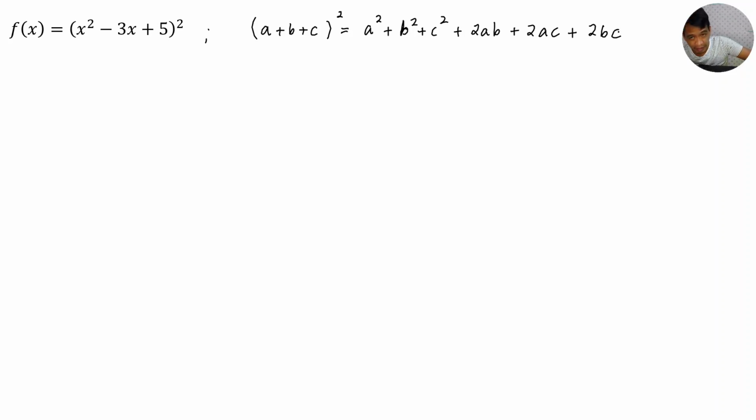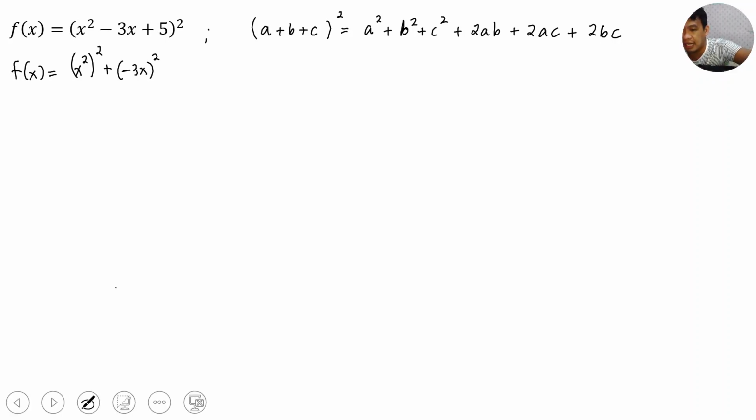So when we expand that, your f of x is the same as the square of the first, so this is x squared squared, plus negative 3x raised to the second power. As you can see, b is negative 3x because we can rewrite minus 3x as plus negative 3x.